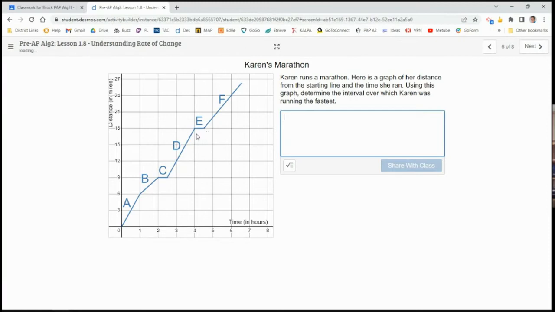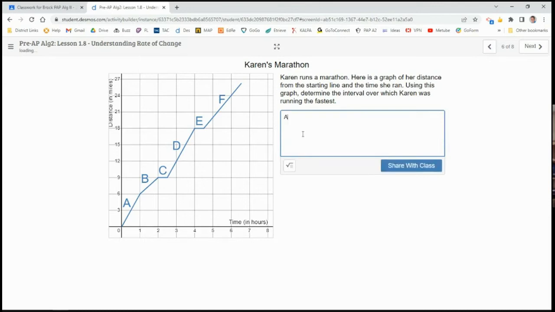Let's see. D looks steeper than F, so F would be a smaller slope than D. But what is D? D is an hour and a half. All right, hour and a half. And she ran how far? From 9 to 18. So an hour and a half, 9 miles. That's also 6 miles an hour.